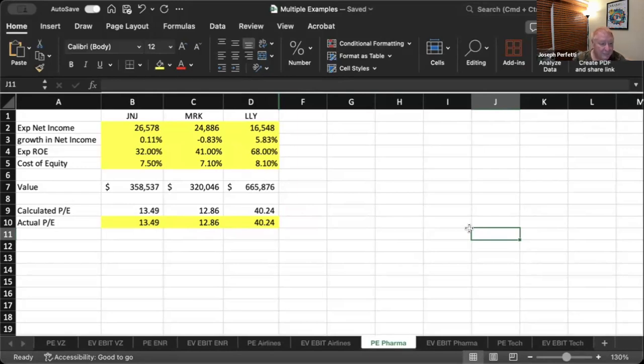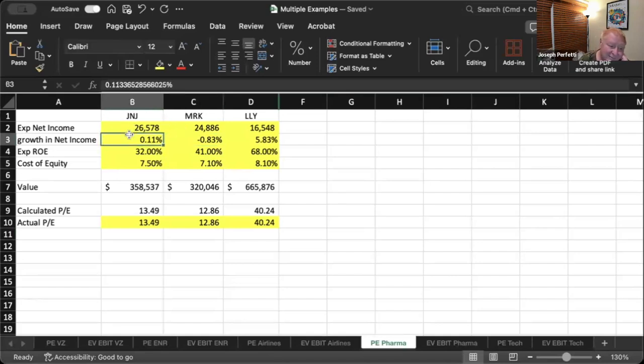Well, Johnson & Johnson has a lower spread than Merck. 32%, still pretty good ROE against a 7.5% cost of equity. It's very high. But Merck has a 41% ROE against a 7% cost of equity. So Merck has the higher spread. But the problem with Merck is they're expected to shrink over time, negative 0.8% growth into perpetuity.